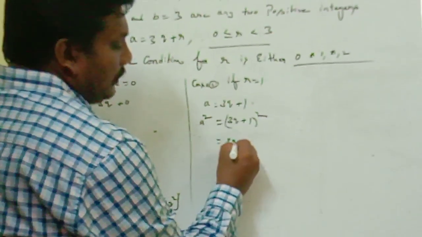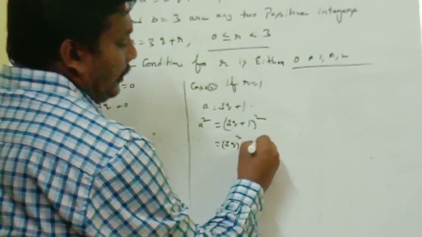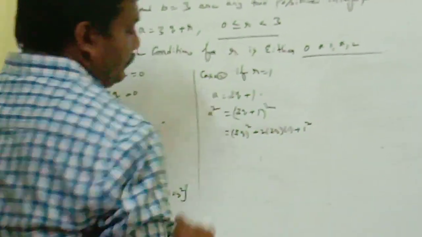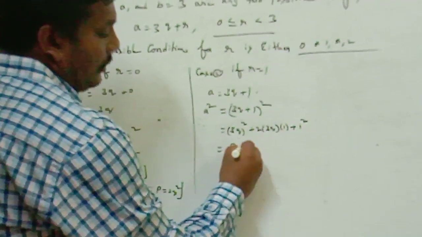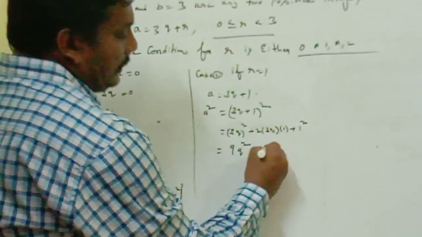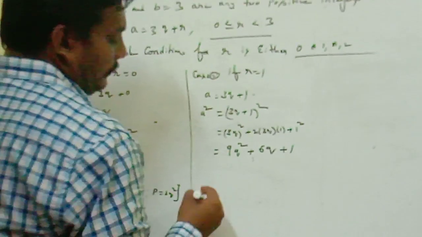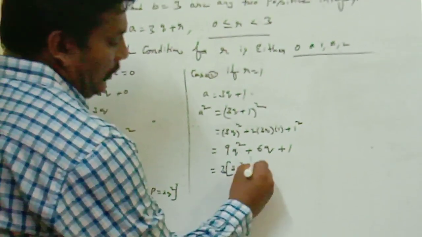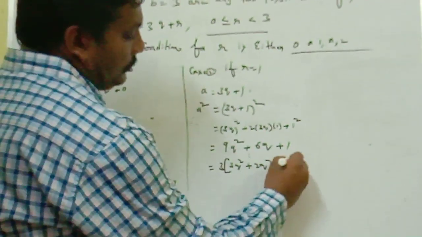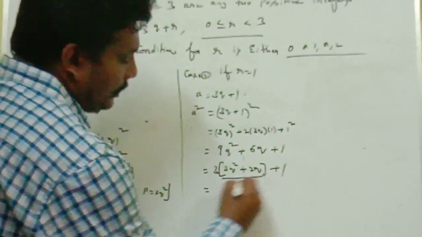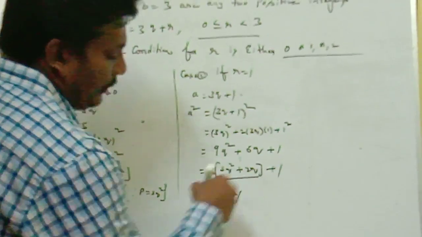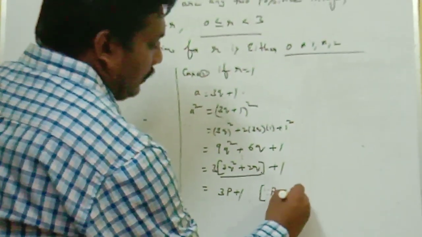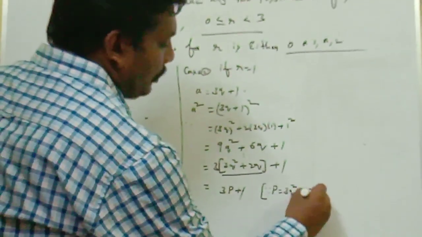Then this is 3q whole square plus 2 times 3q into 1 plus 1 square. It is 9q square plus 6q plus 1. So we should take common 3 as 3 times 3q square plus 2q plus 1. So now it is in the form of 3 into some product plus 1, where p can be written as 3q square plus 2q.